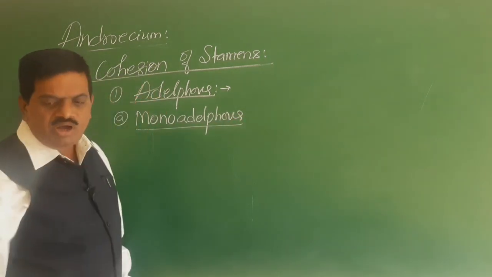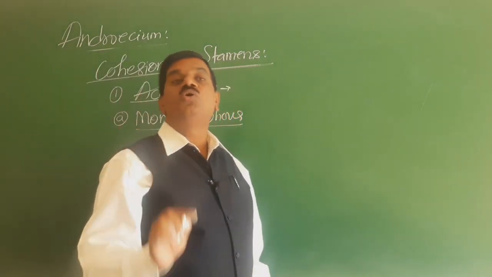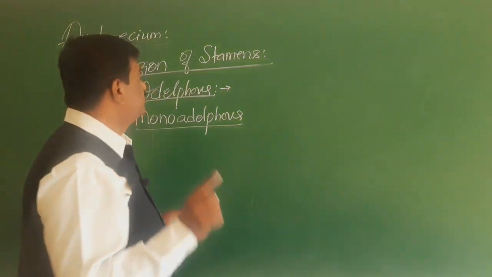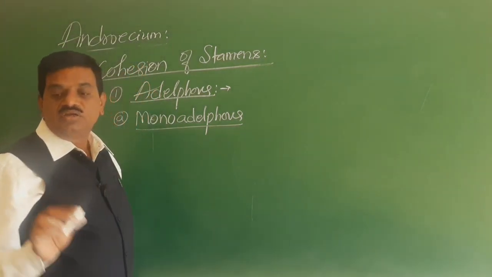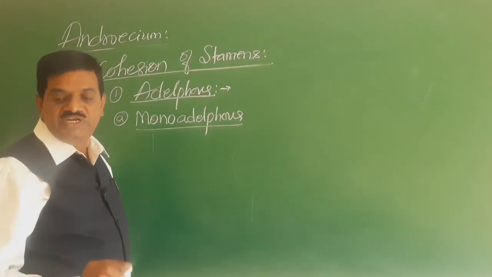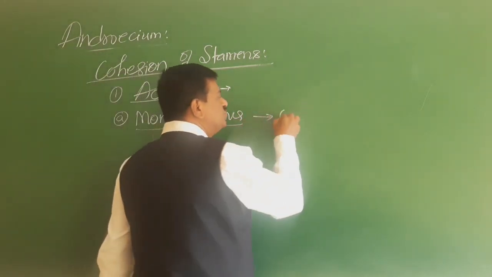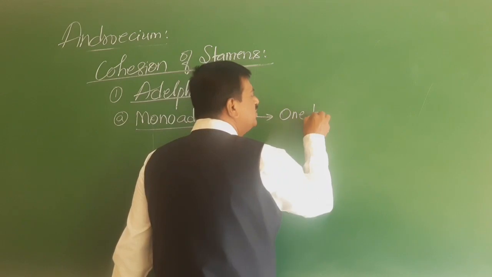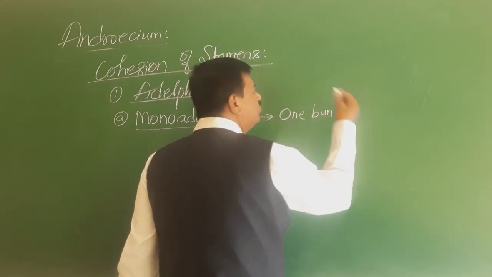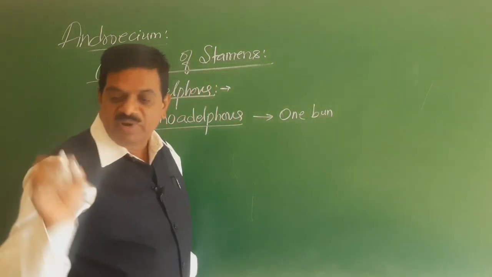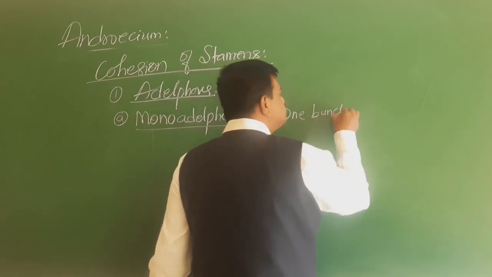In monadelphous, or monoadelphous, the stamens are attached by their filaments to form one bundle, or one bunch.